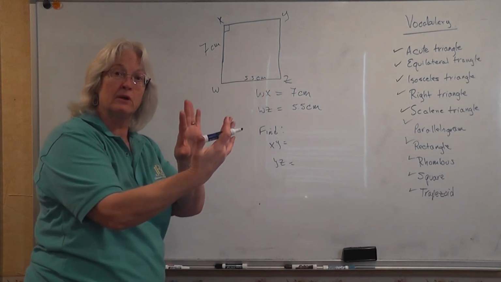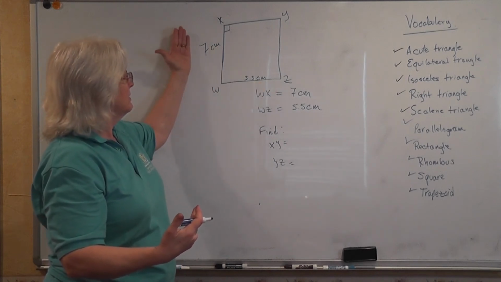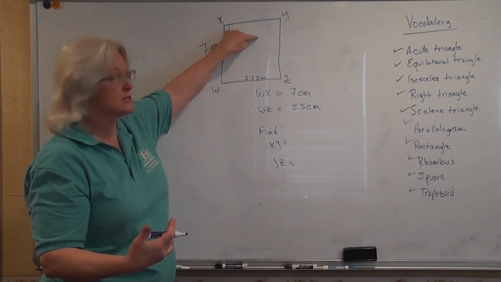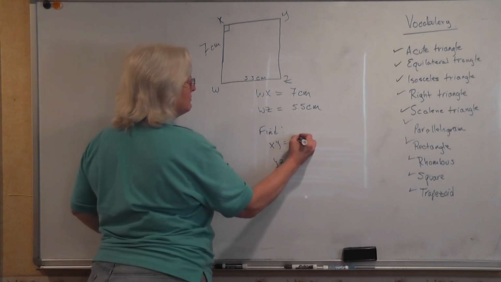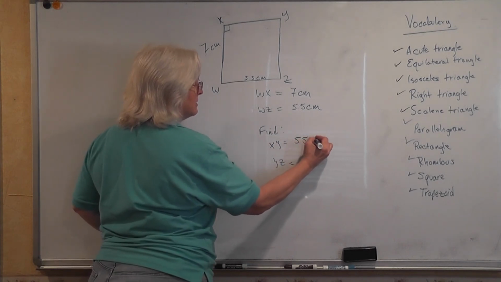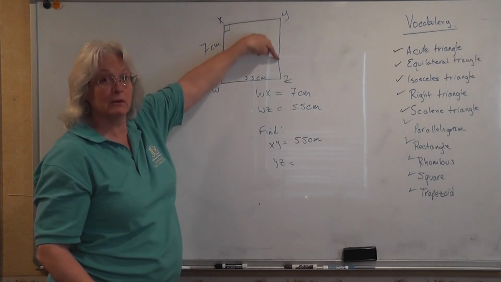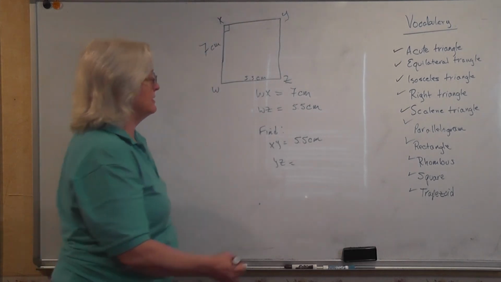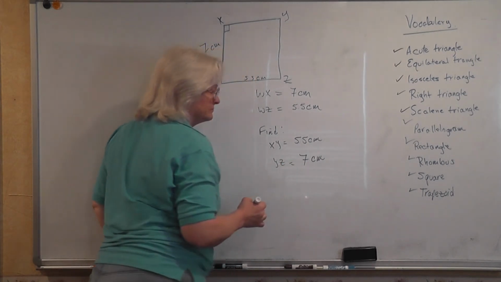The line segment WZ is shorter than WX. We want to find XY. How do we do that? It's the side opposite. They have the same measure. So that's 5.5 centimeters. And then you have YZ, which is the side opposite WX. So it has the same measure. That is all that is involved.